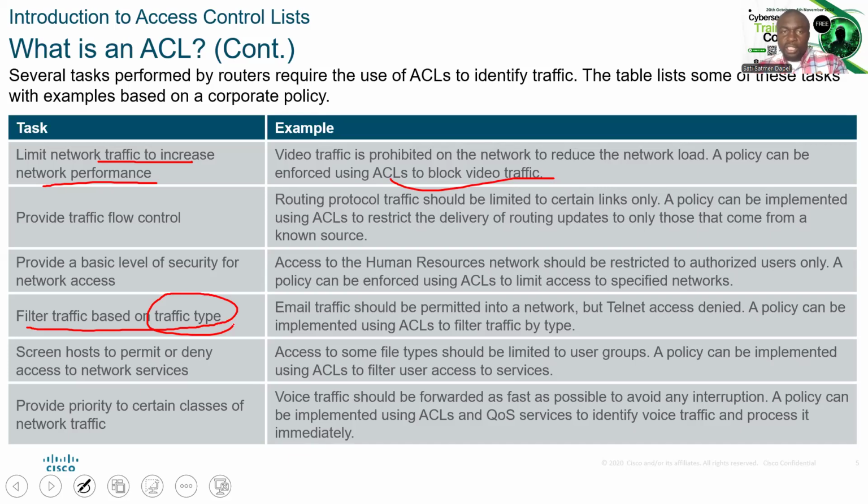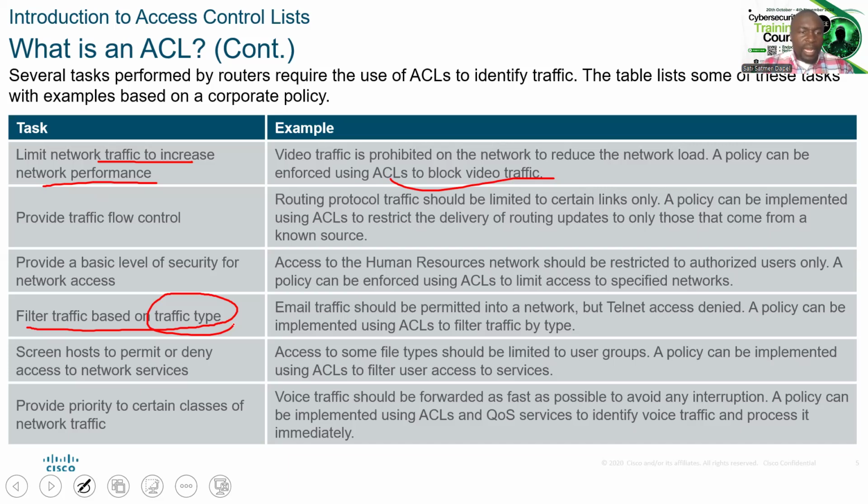You can also create it based on FTP to stop people from transferring files, or you want to allow only people from this segment to transfer files to this segment. Or you want to use it based on mail, SMTP. So whatever service you want, there's a protocol that works on it. So that's the traffic type.